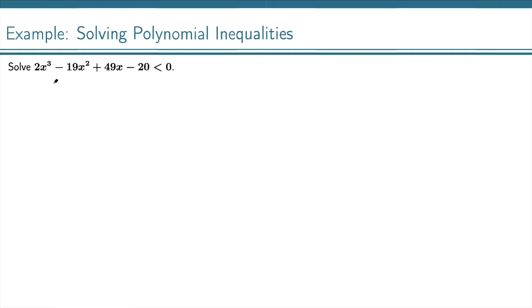I'm going to use the rational zeros theorem, which says I'm going to take the factors of the 20 and divide by the factors of 2. So the factors of 20 are 1, 2, 4, 5, 10, and 20, and divide by the factors of 2, which are 1 and 2.